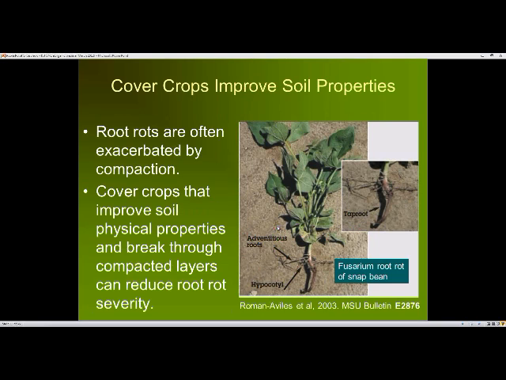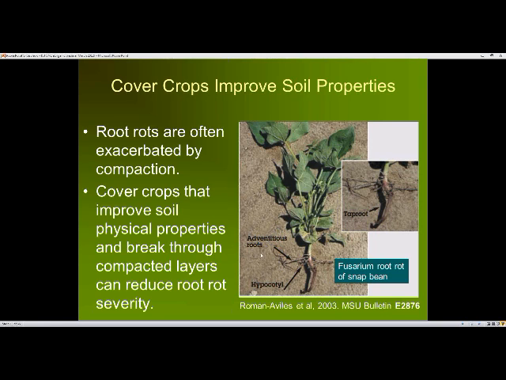Roots grow more slowly, which means that there's more time for pathogen propagules to sense their presence and infect the plant. In addition, slow-growing roots are more leaky, and those substances that leak out of the roots are signals to pathogen propagules to infect the plant.